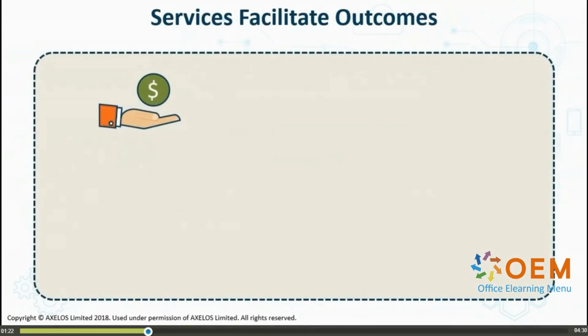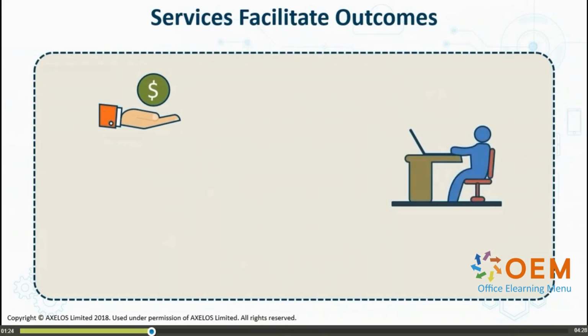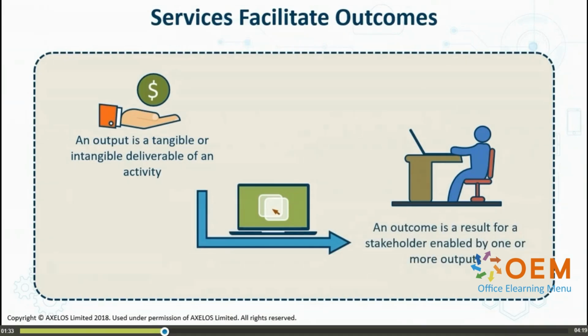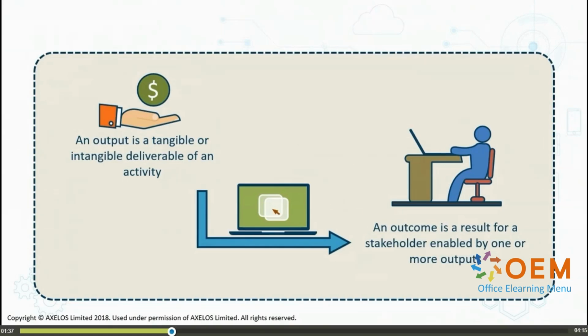Acting as a service provider, an organization produces outputs that help its consumers achieve certain outcomes. So an output is a tangible or intangible deliverable of an activity. An outcome is a result for a stakeholder enabled by one or more outputs. For the ITIL 4 Foundation exam, it's important to be clear about the difference between outputs and outcomes.